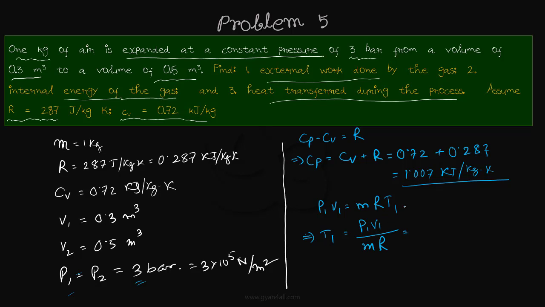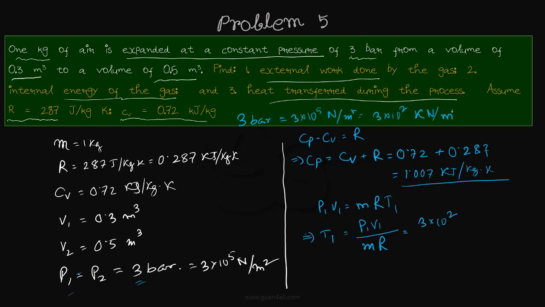So put the values. P is equal to pressure, 3 into 10 to the power 2. That is 3 bar. 3 bar is equal to 3 into 10 to the power 5 Newton per meter square, and that is equal to 3 into 10 to the power 2 kilonewton per meter square.